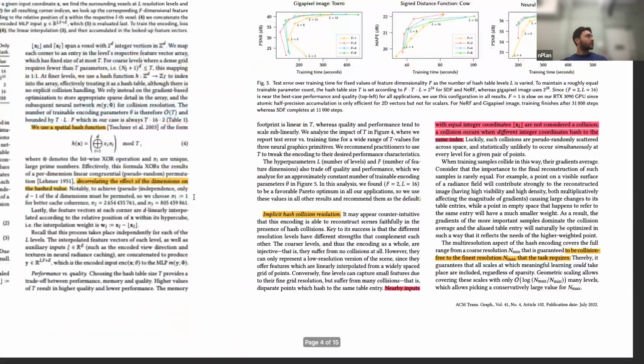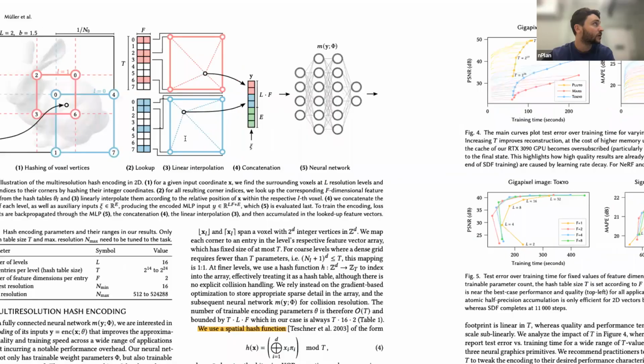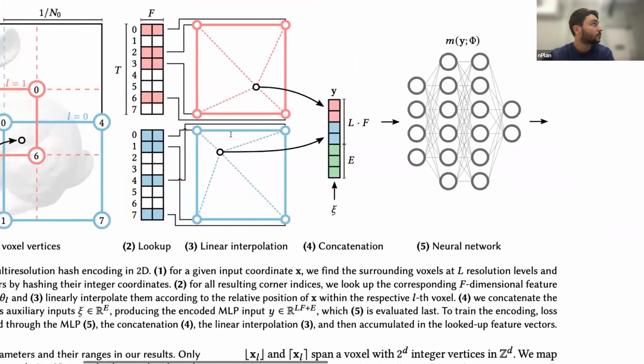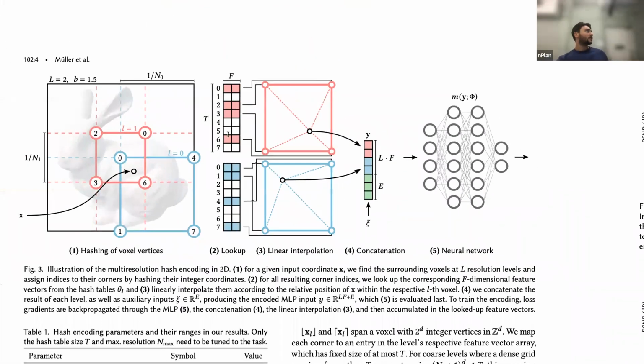Okay, so here's the method in a picture, and I think that's the best way to describe it. In general, I think they have great graphics in this paper. So let's pretend they're using a multi-resolution hash table, but let's just say that it only has one resolution, and it's the blue one here.